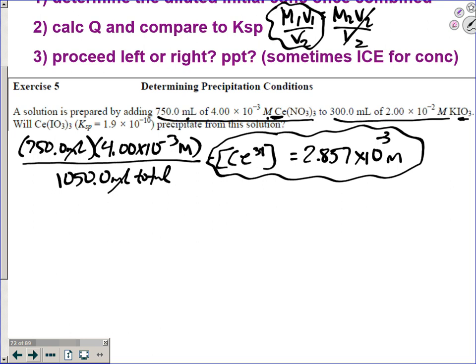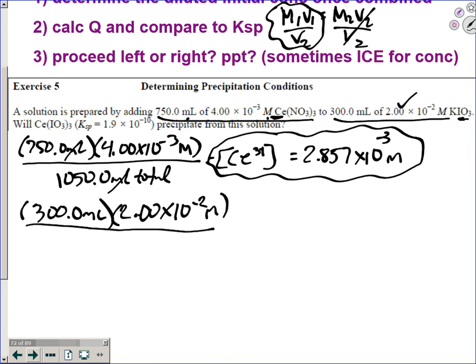What am I doing for iodate? 300 mils times its concentration here, good, so 2.00 times 10 to the negative 2 molar divided by what?